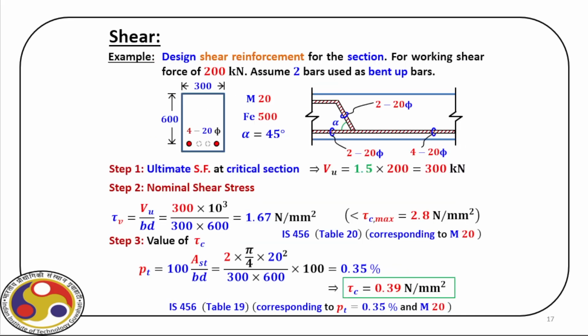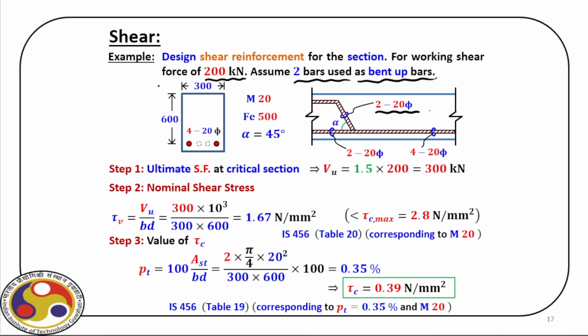Let us take a different example. In this case, we have to design the shear reinforcement for this working shear force of 200 kilonewton. We assume 2 bars as bent up bars, as you can see here, and the diameter of those bent up bars is also given.